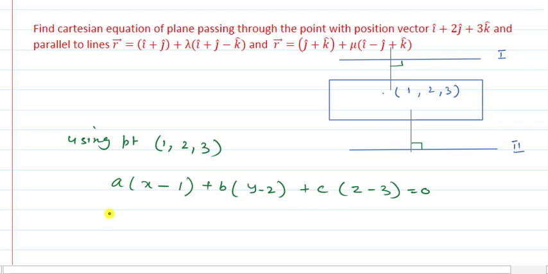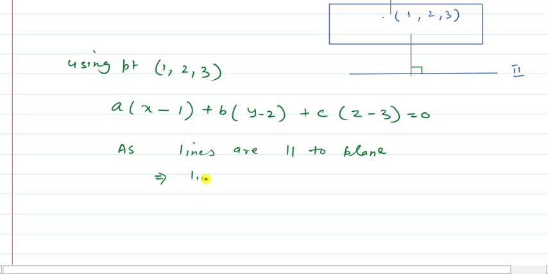Now as I told you that dot product of direction ratios of these two lines with direction ratios of normal to plane will be 0. So we'll mention it as lines are parallel to plane implies lines are perpendicular to normal to plane.